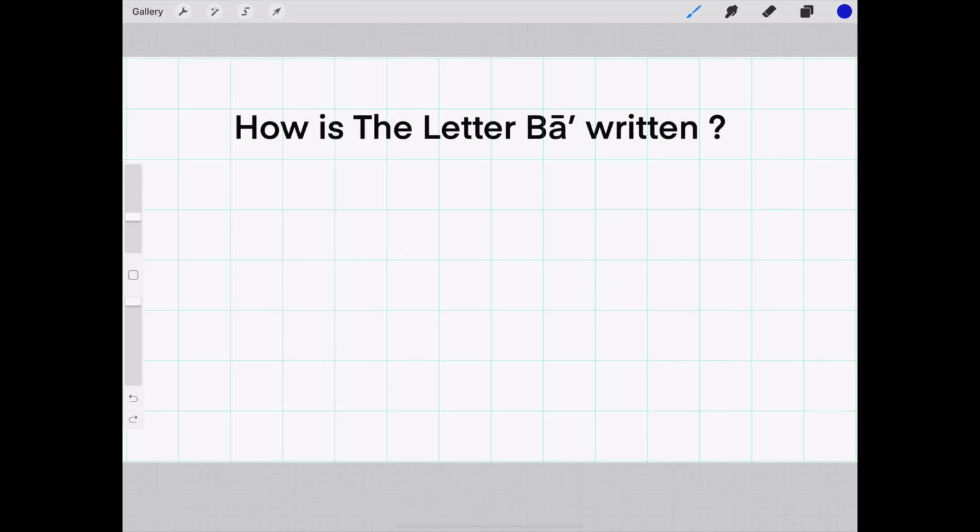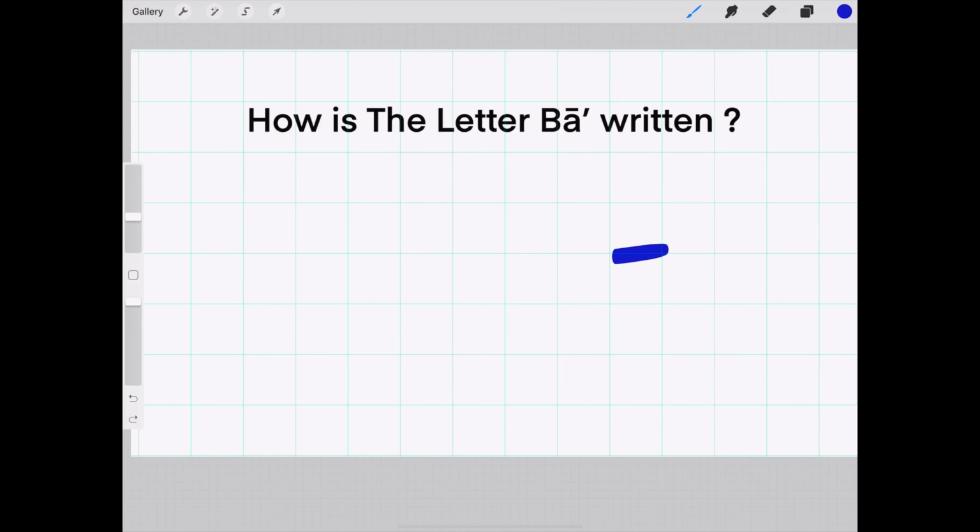So for simplicity, you could write the ba letter as if you have right angles at the right and left corners, like this. This is a ba letter, which looks reasonable. What if it is in the middle of the word?